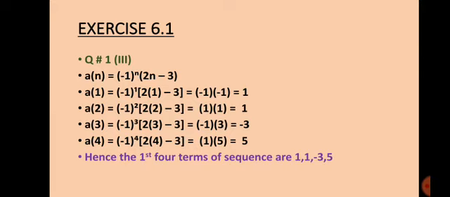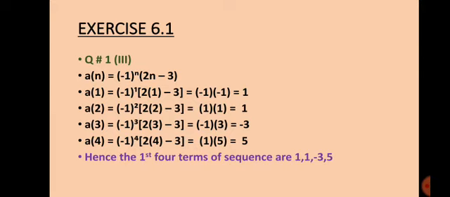we have question number 1 of exercise 6.1, and I'm going to solve part number 3. So we have a_n is equal to minus 1 raised to power n into 2n minus 3, and we have to calculate the first 4 terms.